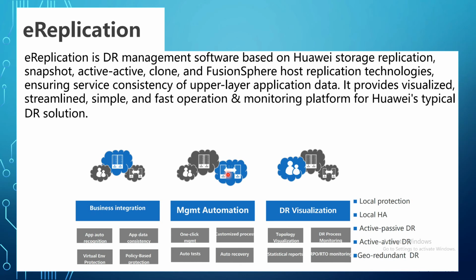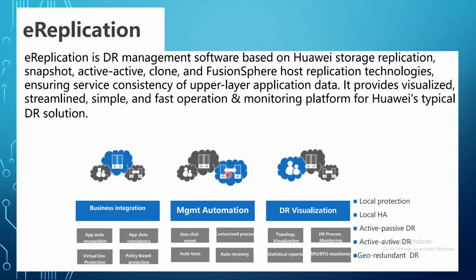BCManager will manage this, and BCManager has a lot of options: business integration, management automation, DR visualization. We can see or visualize things in the BCManager, and it is very easy to do a DR test, DR drills, and planned migration. It is very easy, you just need to click it.